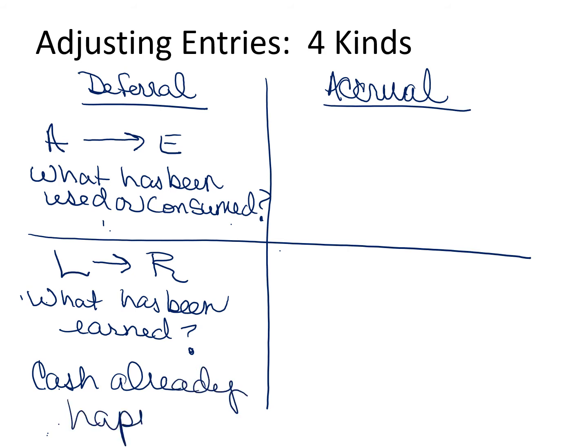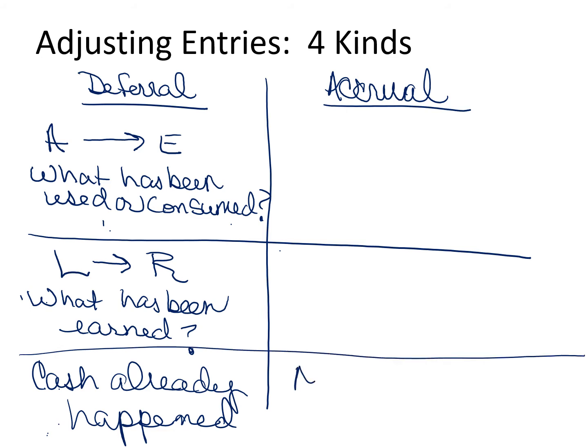In other words, we have already paid for the assets, or we have already received cash from our customers. The other 2 types of adjusting entries are accruals. There is no cash yet.